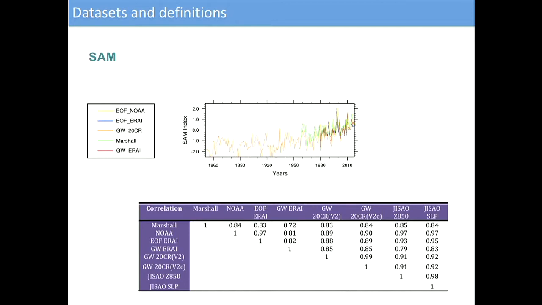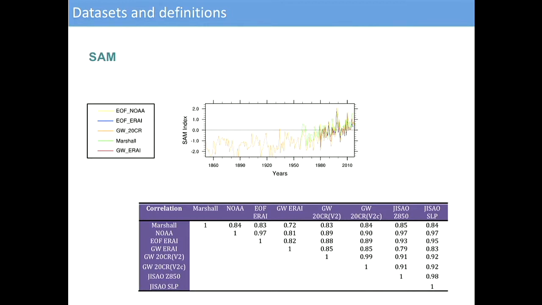And this is just showing that if you look in the literature, there's this Gong and Wang, the Marshall method, there are EOF methods, different heights, 850 heights, some people use sea level pressure, some people use winds, and this is the correlation between them all.